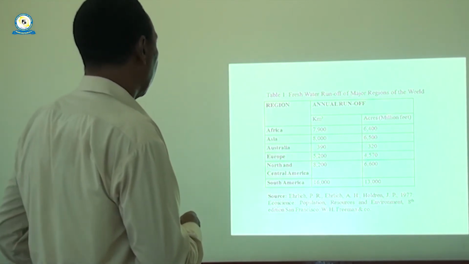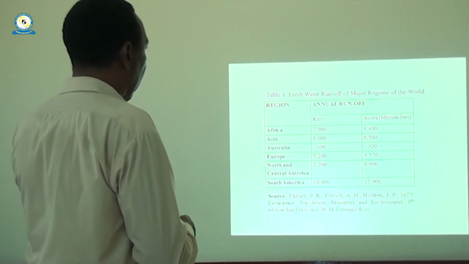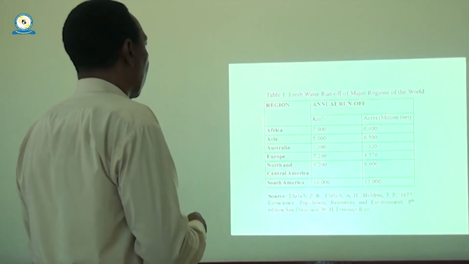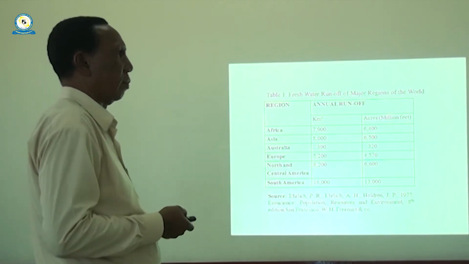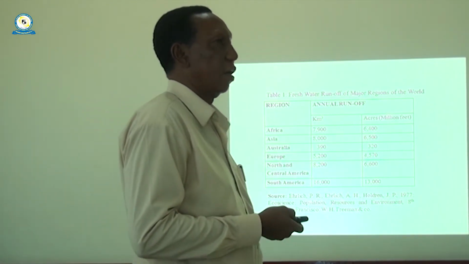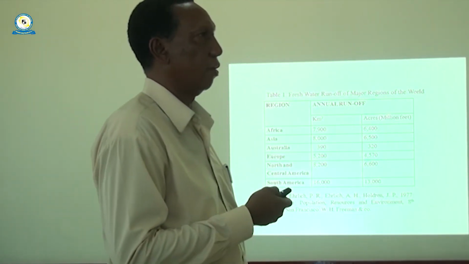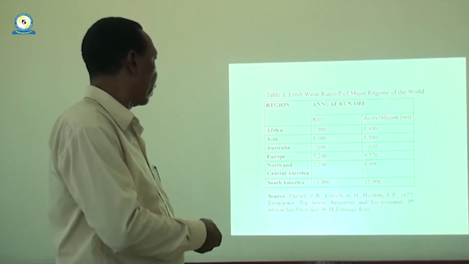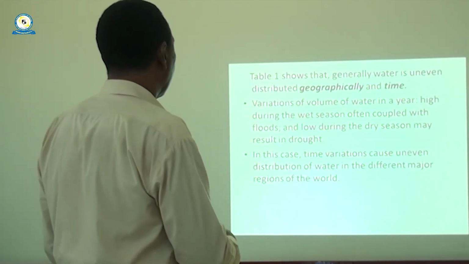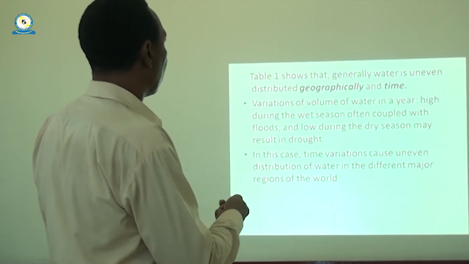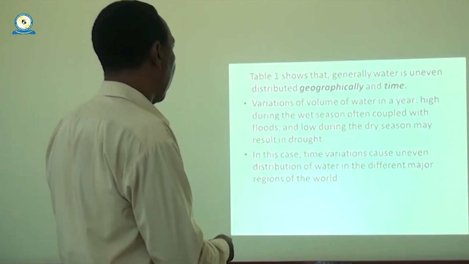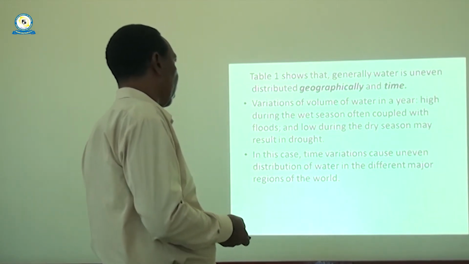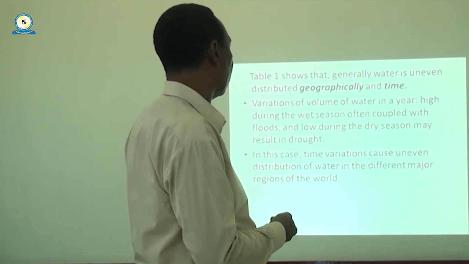And where there is less human interference, maybe with environmental care to ensure that the hydrological cycle is continuous and uninterrupted, you find that. But the governing issue in this volume is that the variation of water in a year is high during the wet season, often coupled with floods, and low during the dry season, which may result in drought.